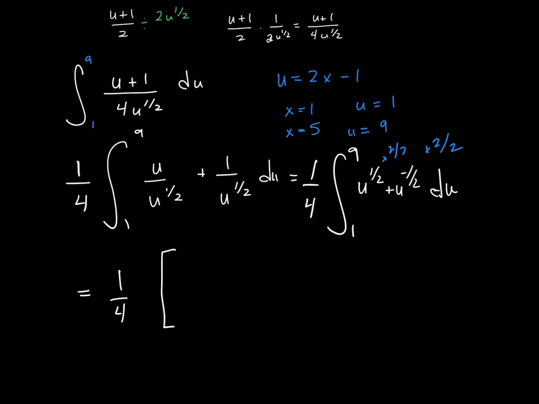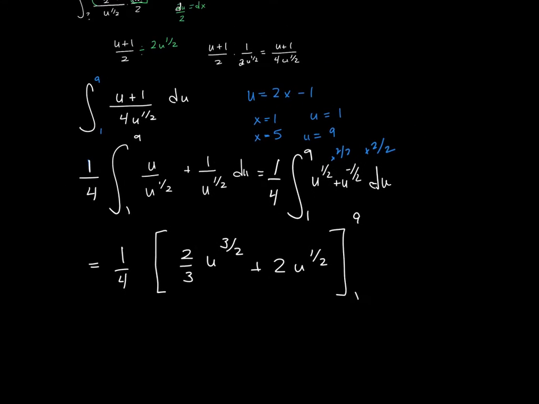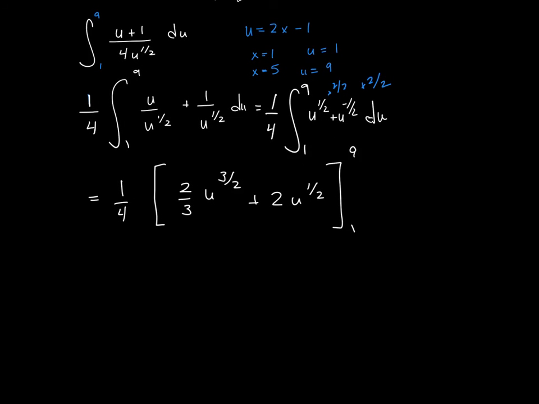So that leaves me with 2/3 u to the 3/2 plus 2u to the 1/2, all evaluated from 9 to 1. So just watch your signs when you're putting this in here. I first substitute in 9.